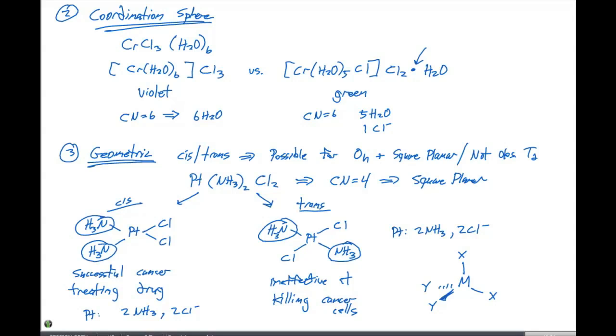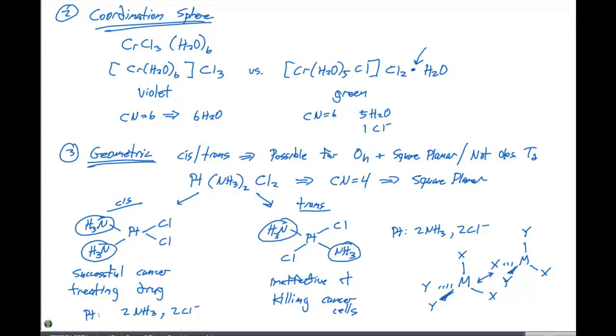Then if I take this metal and put the X here and the X over here on the other side and make these Y's, and we compare these 2 structures in 3 dimensions and rotate them around, we find that they're the exact same complex.